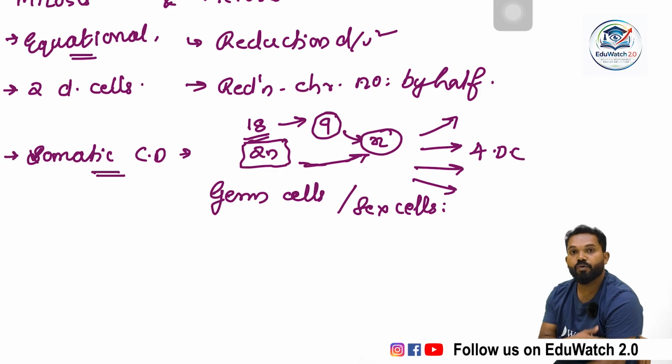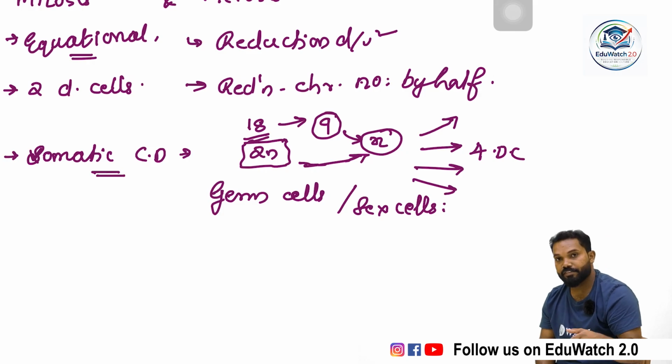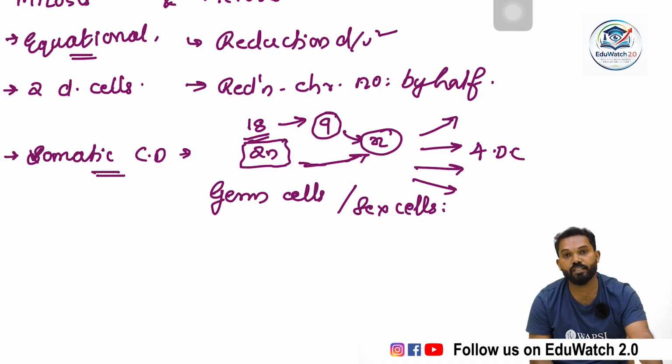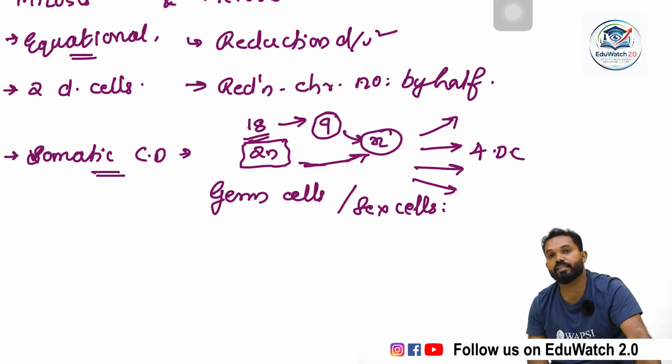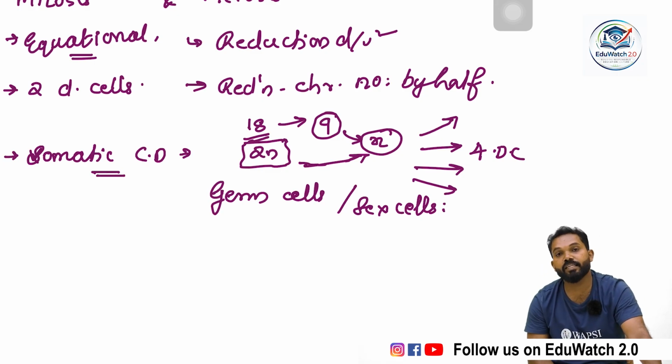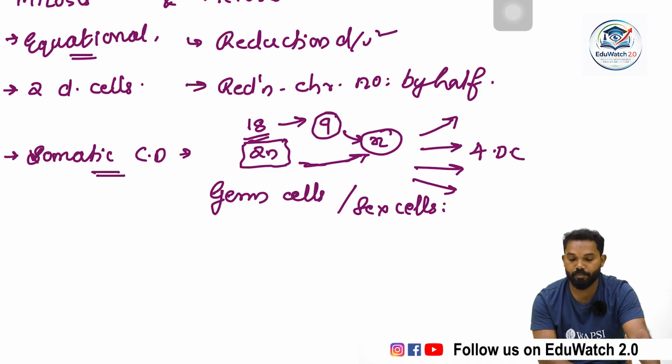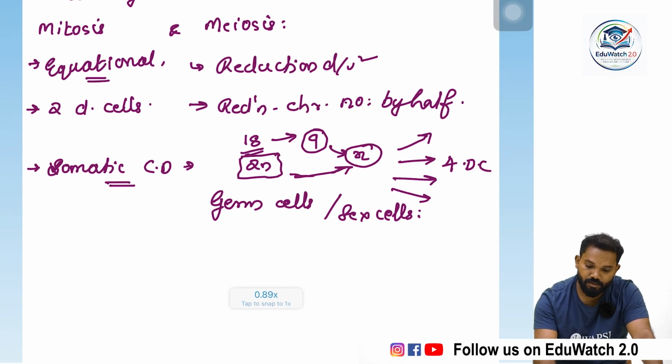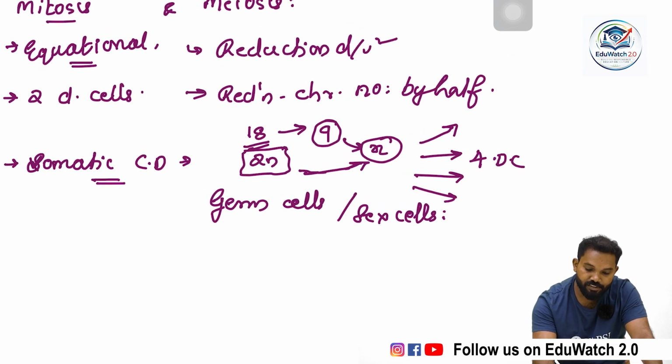The formation of our body cells and the increase in our size is due to mitotic division. The formation of the next generation, the germ cells, sex cells or gametes, is due to meiotic division. This is the main difference between mitosis and meiosis.